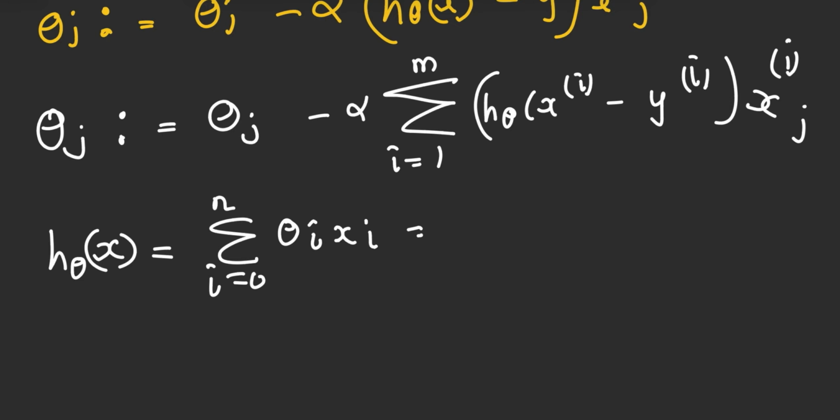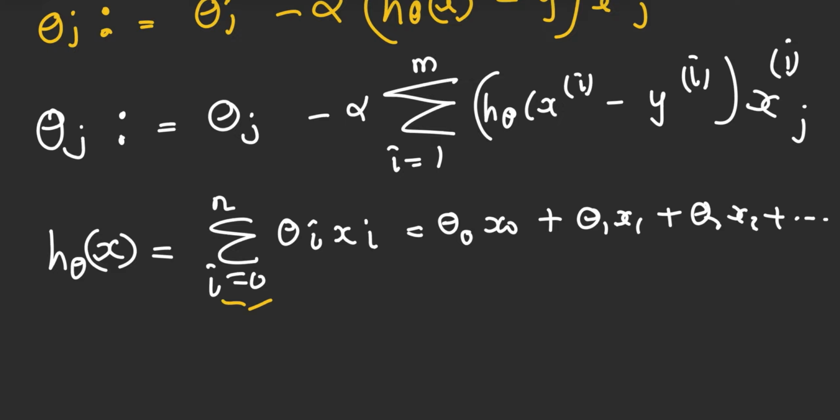So this was basically theta 0 x0 plus theta 1 x1 plus theta 2 x2 plus dot dot dot. And you can see that this i was referring to the number of input features, with theta 0 x0 representing the bias term, and theta 1 x1 representing the next input term.